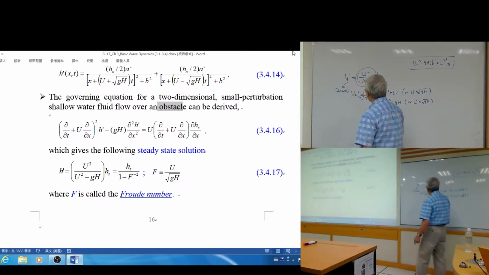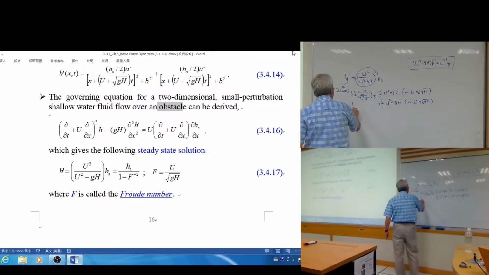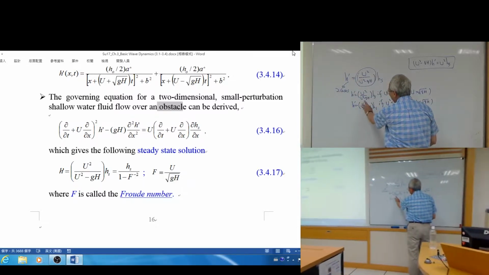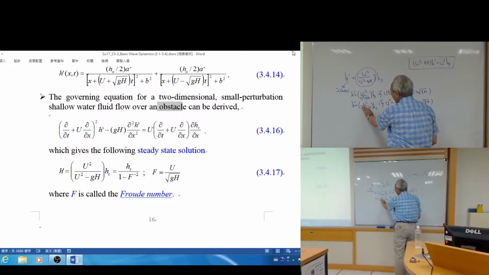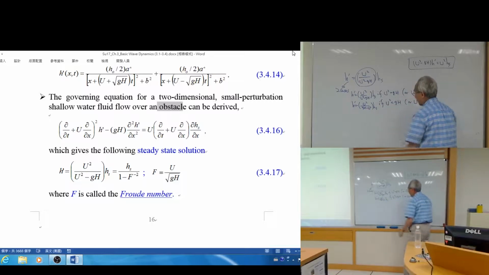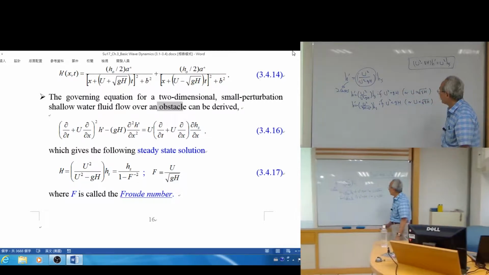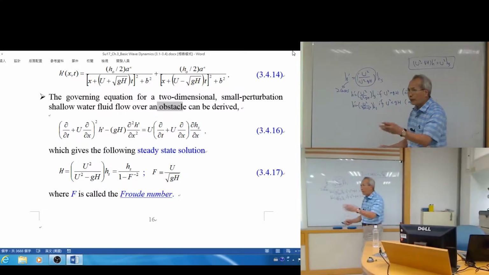For the second case, h prime will equal U squared over gH minus U squared times h sub s, and in the beginning it will be negative. This term inside the bracket will be positive because gH is greater than U squared. So there are two cases. Some of you are probably familiar with this.